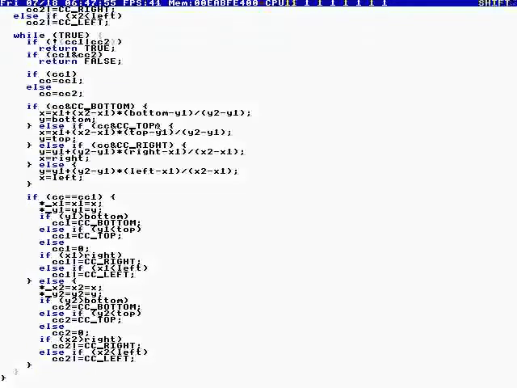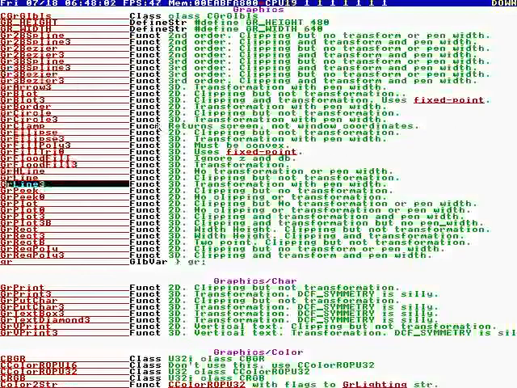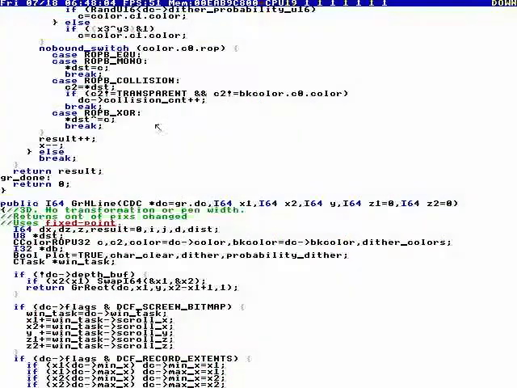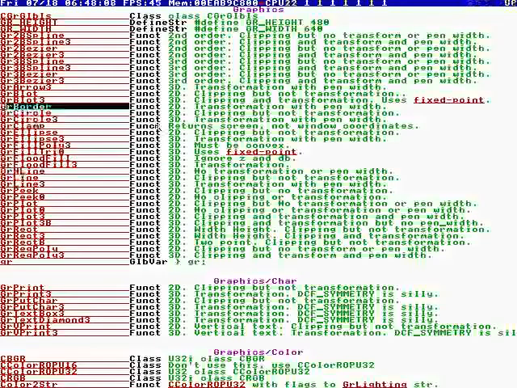Line clipping, clip a line segment. So you've got H line. This draws a horizontal line. That's good when you draw a triangle.